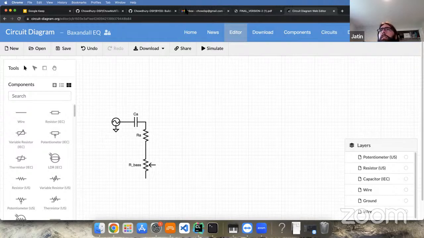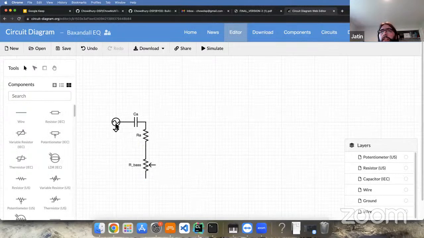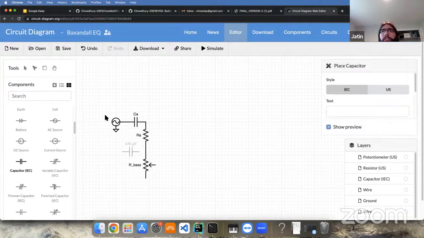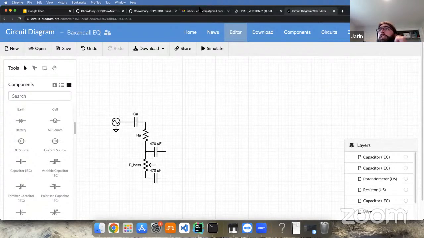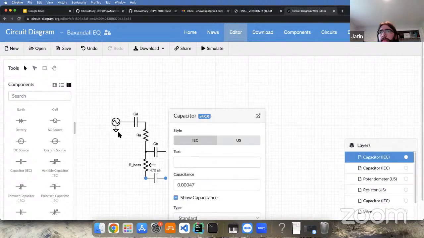So yeah, let's see here. Next, we've got CB and CC coming out and then kind of connecting to that. So let's do that here. Capacitor maybe coming from there, and another one coming from there. So this is CB on top, and CC on the bottom.